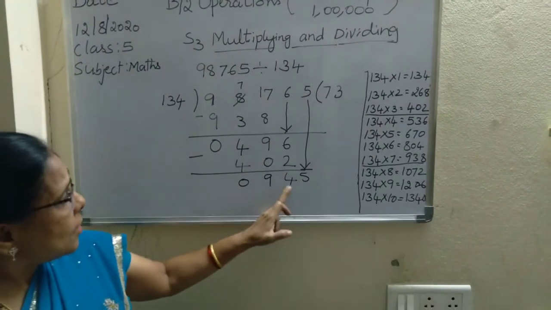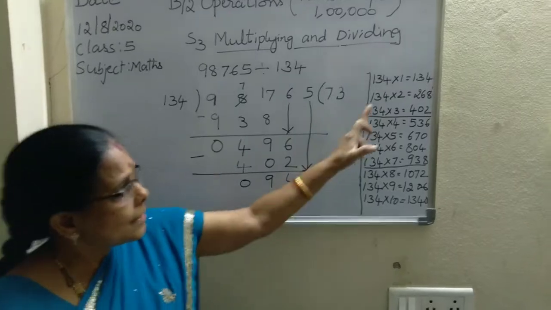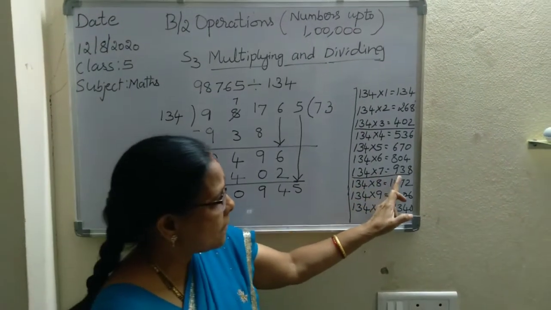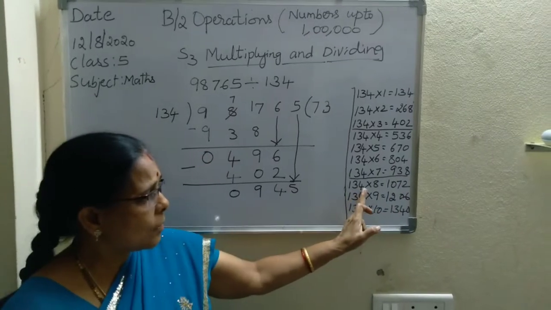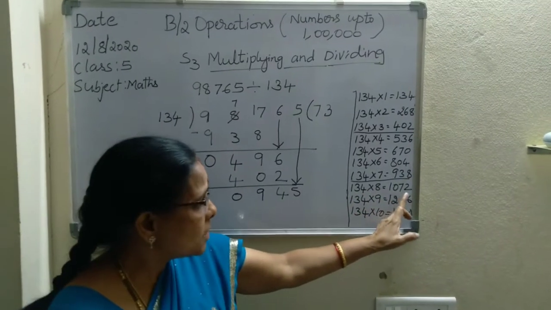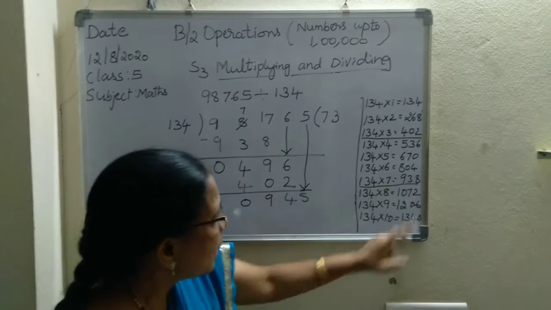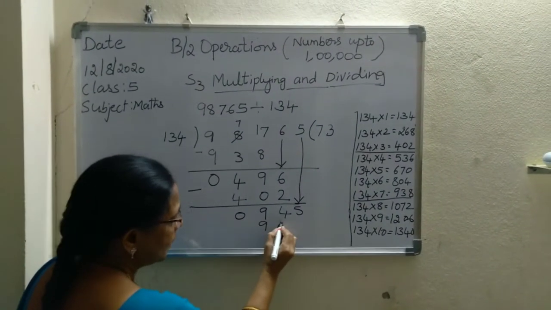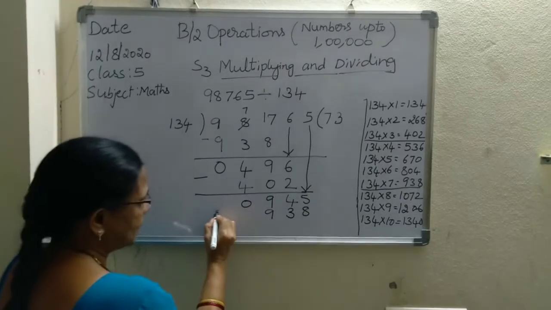Again 945. For 945, which is the nearest number here, children? Again 134 into 7, 938. If we take 134 into 8, there will be 4 digits. So that's why 134 into 7 is 938.